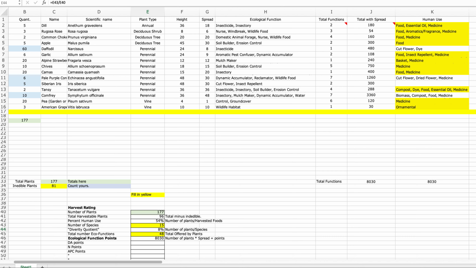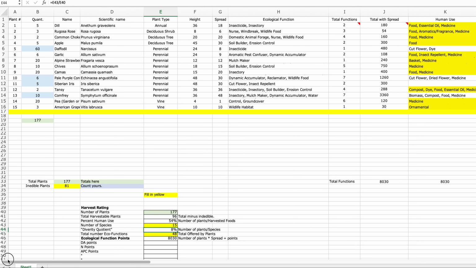So you'll see the top 15 lines, 16 lines here, 15 actually plants on here at the top of the page. I've pasted those in and added a quantity on the left column, and I believe that the A column is the plant number. So my quantities are all totaled up at the bottom, line 19, for 177 plants.